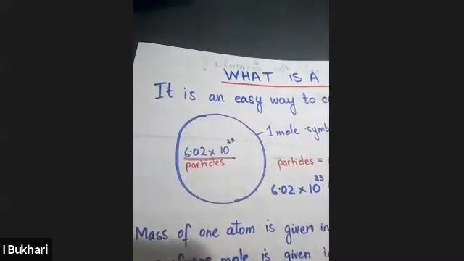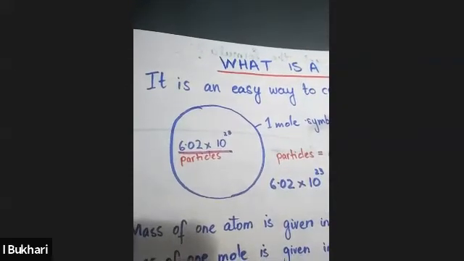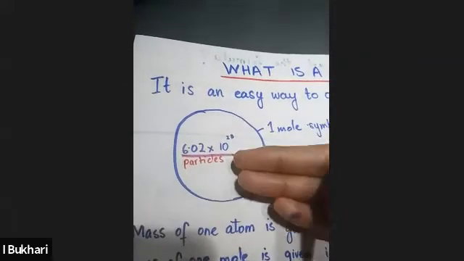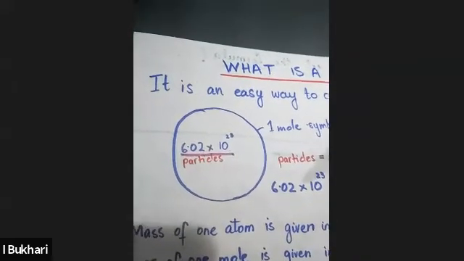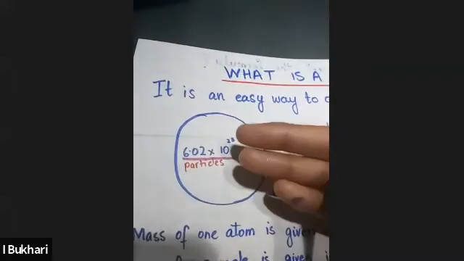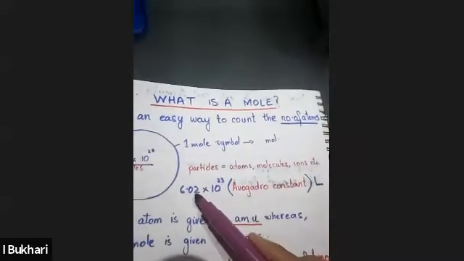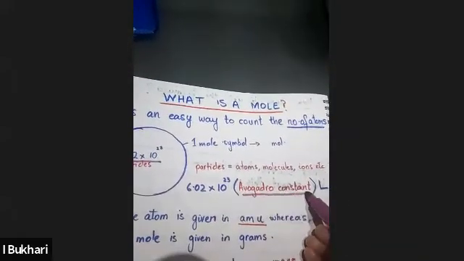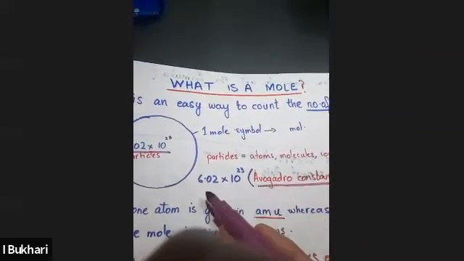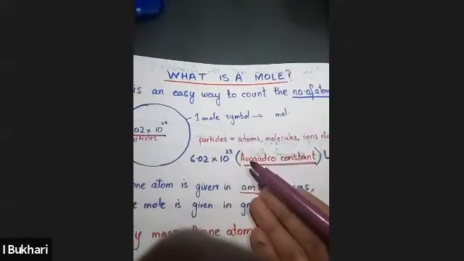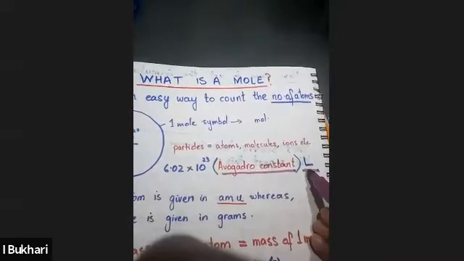If your substance is a metal, you'll be talking about atoms. If it is a simple molecule, like carbon dioxide, you will be talking about molecules. And for an ionic salt, you will be talking about ions or formula units. This is called the Avogadro constant, after the scientist who came up with this concept. The symbol is capital L.